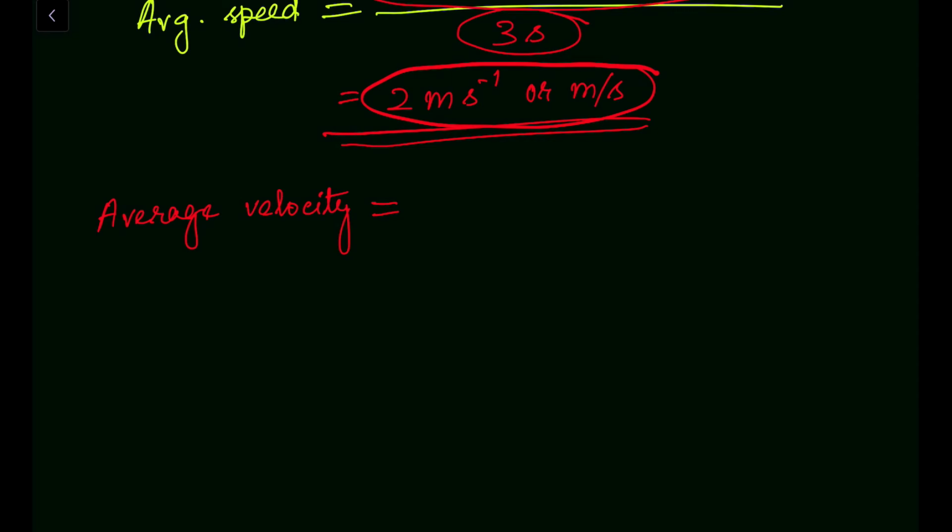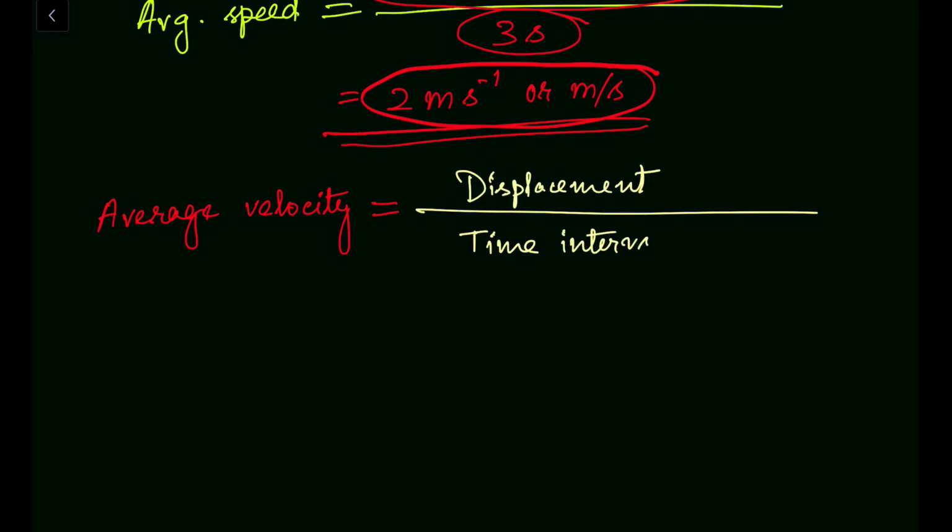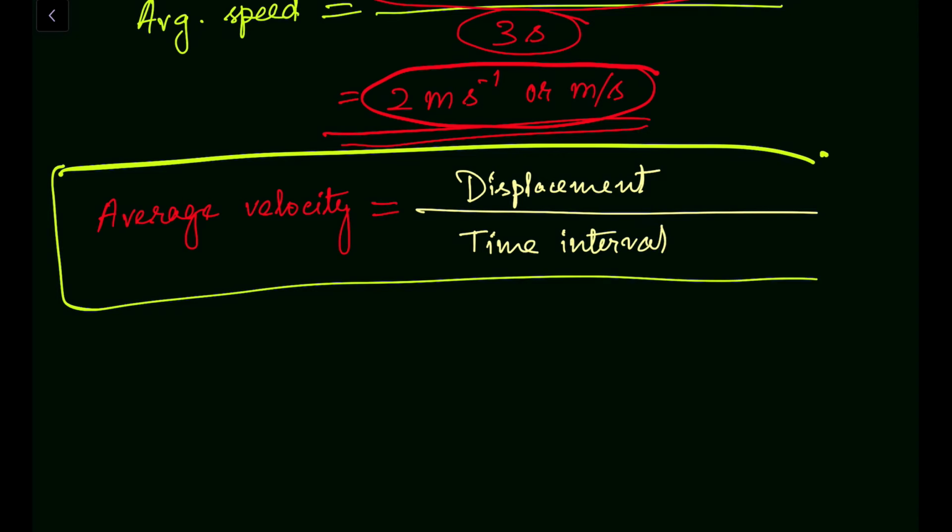How do we find the displacement? The final position minus the initial position, and we divide it by the time interval. So the definition of average velocity is displacement divided by the time interval.